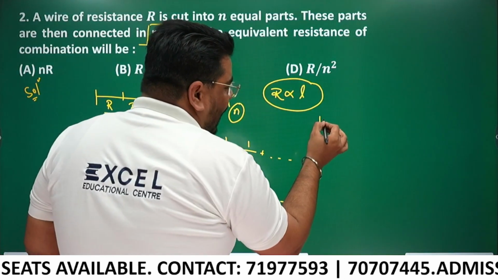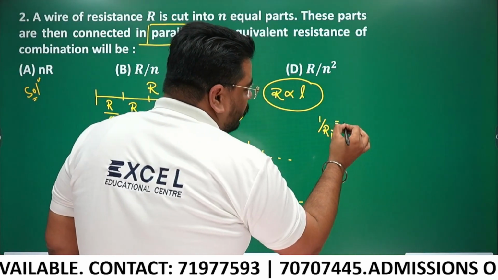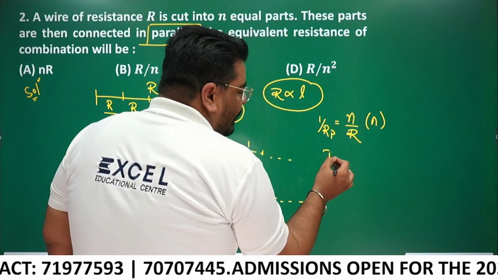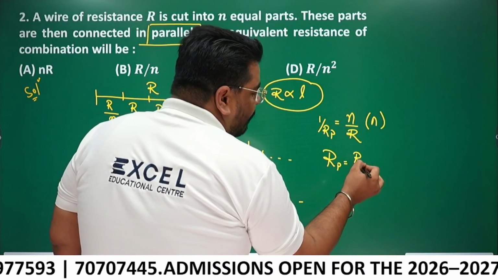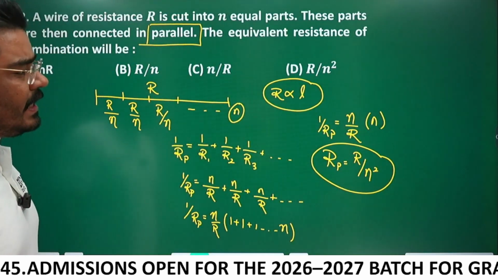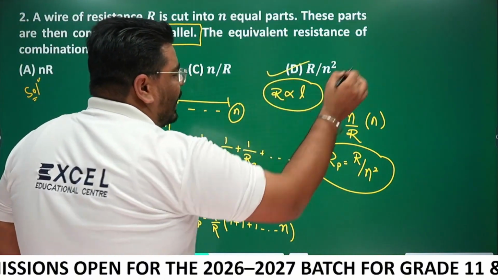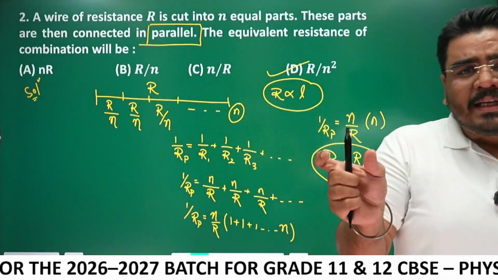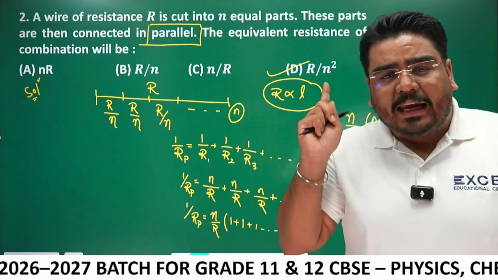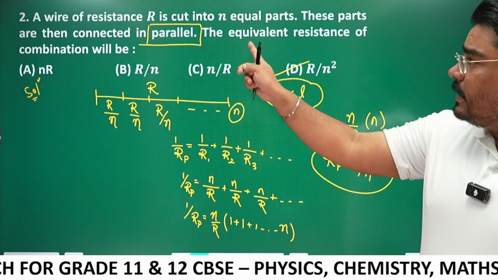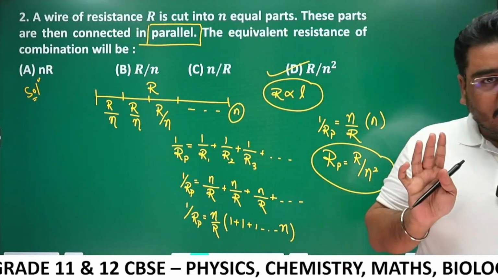So 1 by Rp will be equal to n by R into n, and Rp will be equal to R by n square. So my dear students, we have the result that when we cut a wire into n equal parts, making each part's resistance R by n, and then connect them in parallel, the resistance will come out to be R by n square.